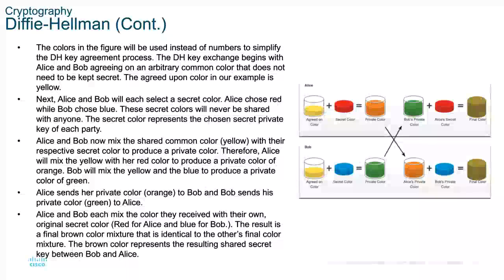Now, when you send back and forth between these two parties using their colors, Bob's private color with Alice's secret color comes up with a final color. When you do the same for Bob using Alice's private color with Bob's private color, you come up with the same final color.